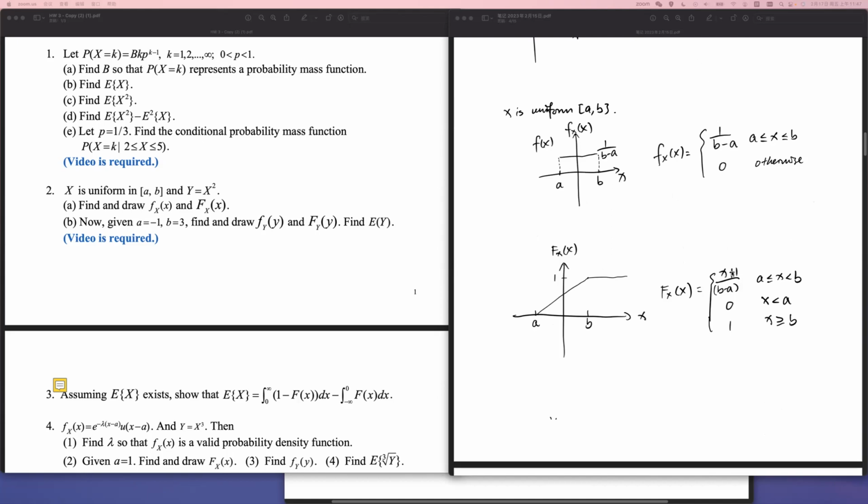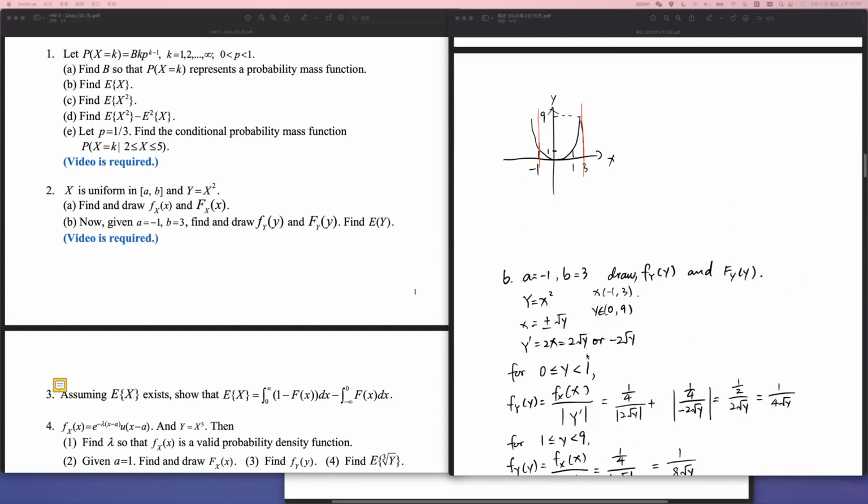Here it should be x minus a, I didn't change that, but it should be x minus a. So it's 1 over b minus a times x from a to b, and when we plug in a to b, it should be x minus a over b minus a. And for x smaller than a, it should be 0 from the plot. And if x is greater than b, it should be 1.